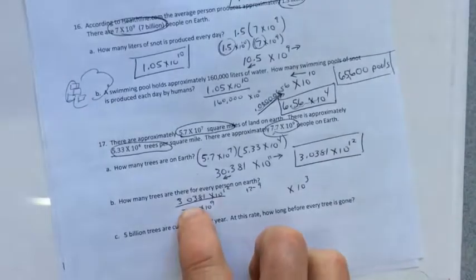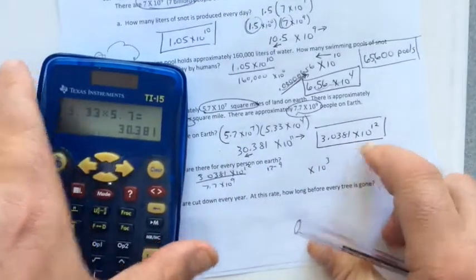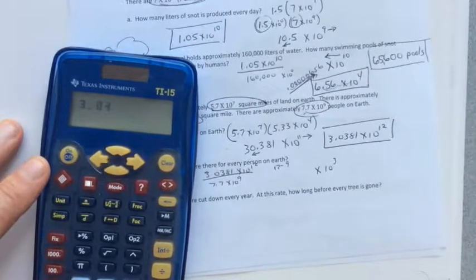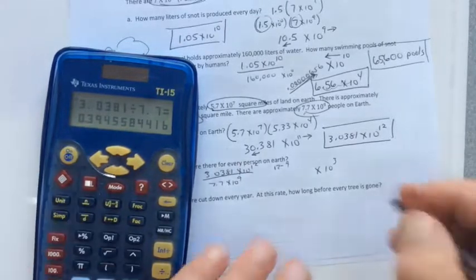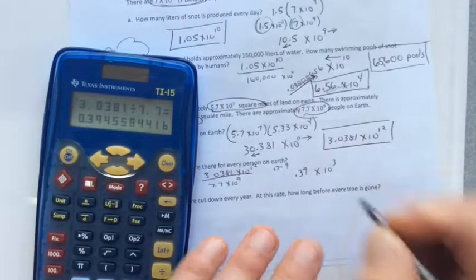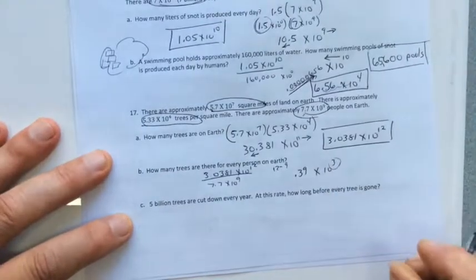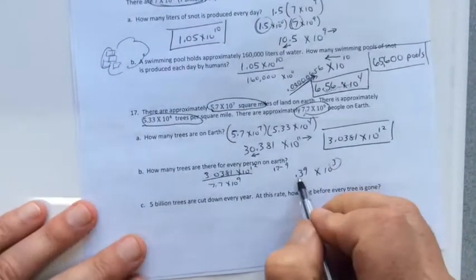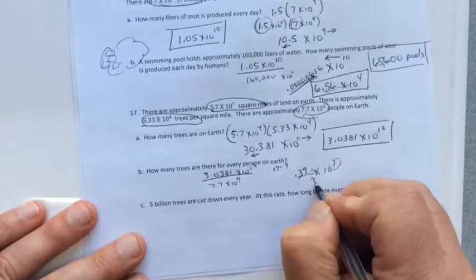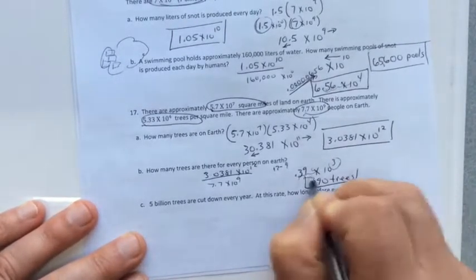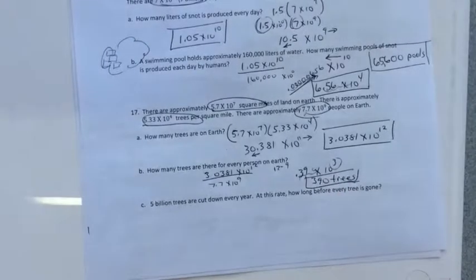I'll use my machine for this part. 3.0381 divided by 7.7 is 0.39. This means move the decimal 3 places, 1, 2, 3, makes it 390 trees for everybody on Earth. So we all have 390 trees.